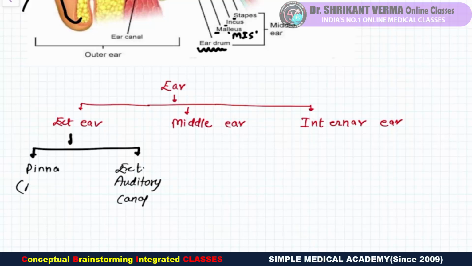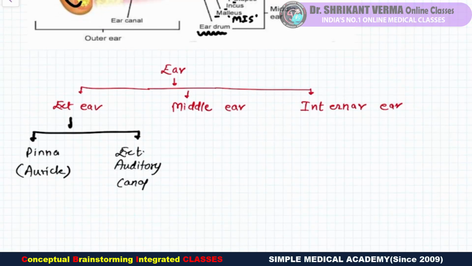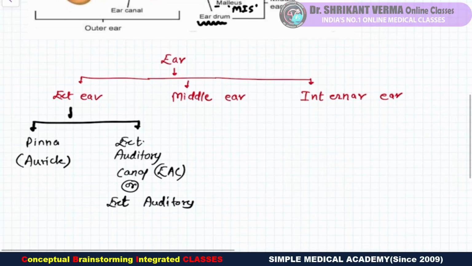This pinna you can also say is the auricle, while the external acoustic, external auditory canal, in short we will use the term EAC. It is also known as external auditory meatus, so we will use the short term EAM also. Okay, external auditory canal, external auditory meatus.